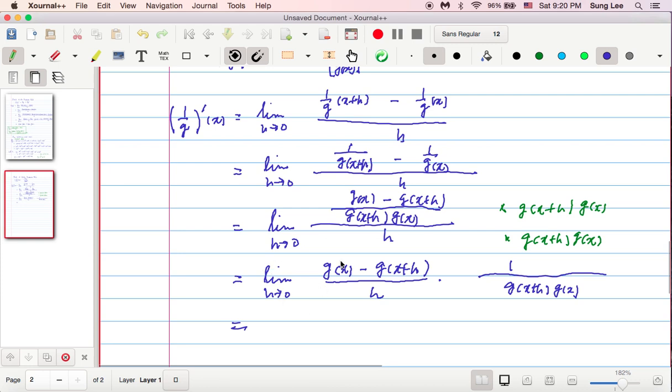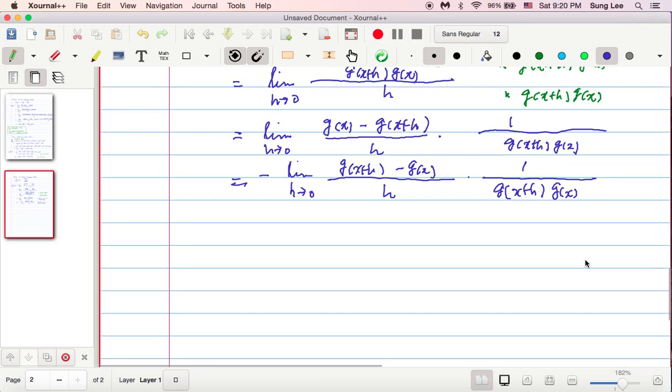Oh, sorry, I just realized that I misspoke. The limit of this is not g prime of x. The order is opposite. So what I'm going to do is factor out negative 1, then that's g of x plus h minus g of x all over h, times I still have this guy here, 1 over g of x plus h times g of x.